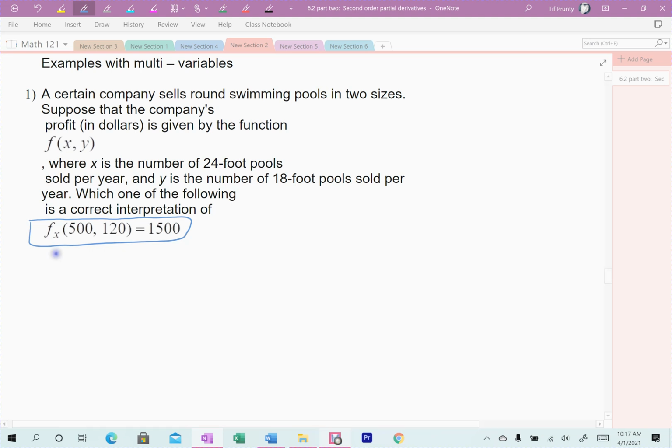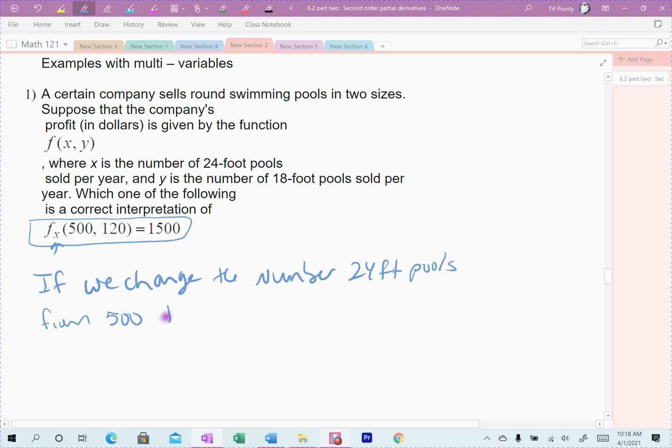Alright, so first of all, the x values, what's changing? If we change the number of x, well, x represents the bigger 24-foot pools, from 500 to 501, and it's that specific one. If I had a different number, so if it went from 400 to 401, it would affect it differently.